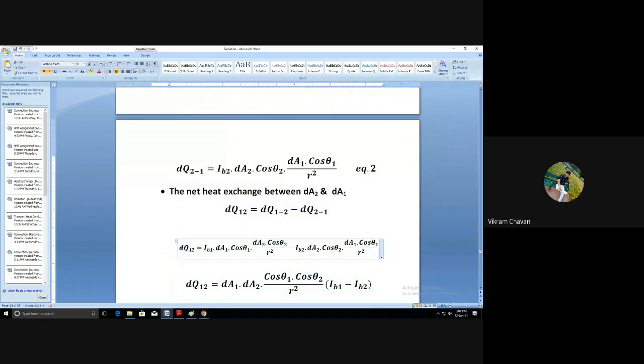Then dq12 will be equal to IB1 multiplied by dA1 multiplied by cos theta 1 multiplied by dA2 cos theta 2 divided by r square, minus IB2 multiplied by dA2 cos theta 2 multiplied by dA1 cos theta 1 divided by r square.